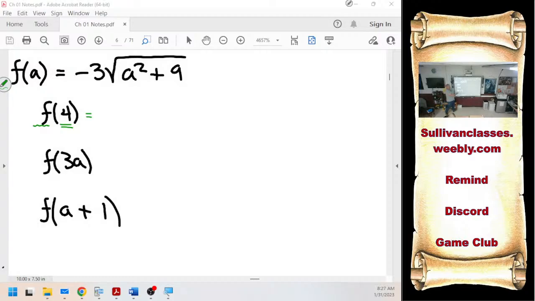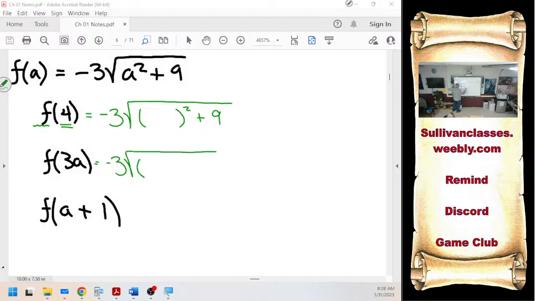Its purpose is to take -3 times the square root of a thing squared plus 9. That's what it does every time.